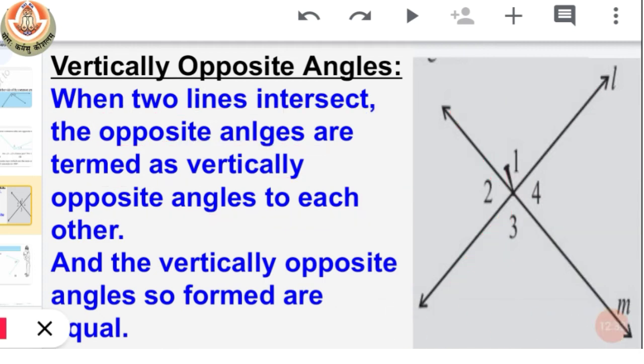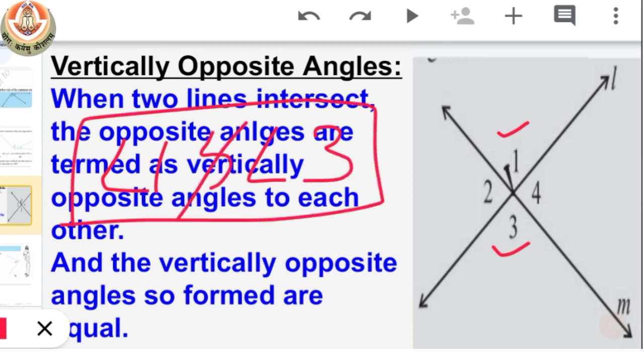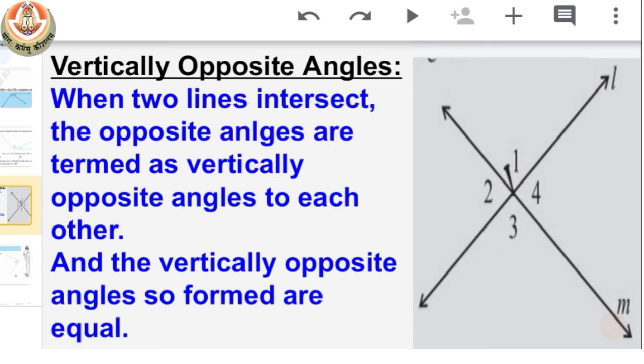Again, you can see 1 is on the opposite side of 3. That means angle 1 with angle 3 makes a pair of vertically opposite angles. Similarly, angle 4 and angle 2 make another pair of vertically opposite angles. Now another important thing about vertically opposite angles is that the vertically opposite angles so formed are equal, meaning they are equal to each other.